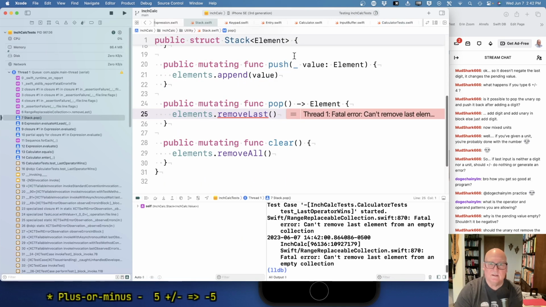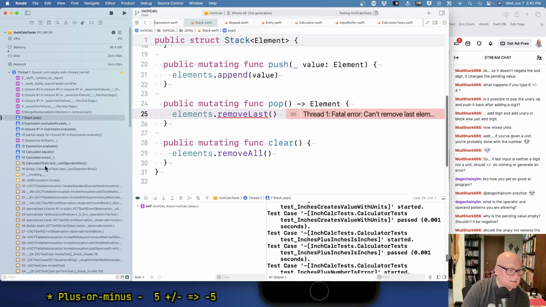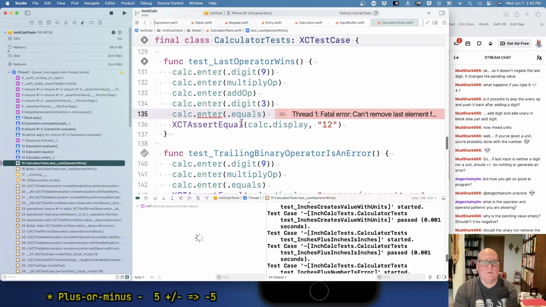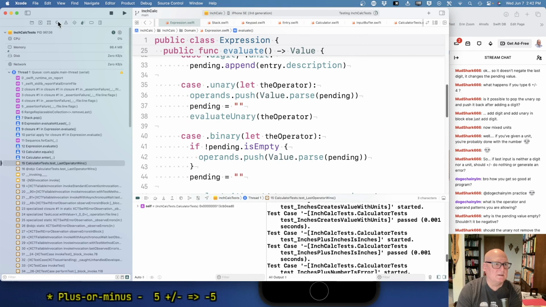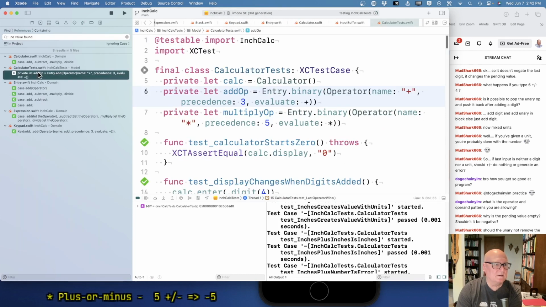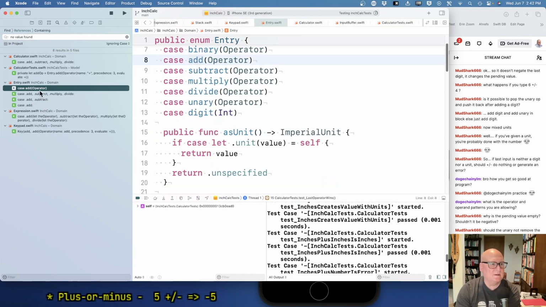Okay, there you have it. Oh, I guess it's not consistent. What test is this? Last operator wins. Right, I have to make all these handle cases first, I guess. Okay. Case add, right? That one's okay.